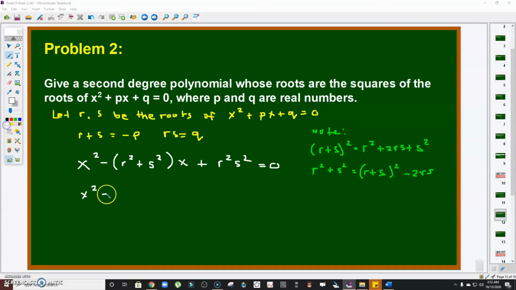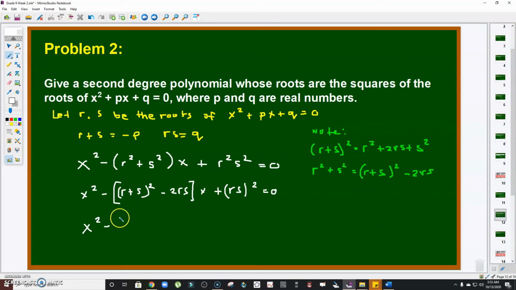Meaning to say, instead of writing r squared plus s squared, I can replace it by r plus s, to be squared, minus 2rs, x plus rs to be squared. Okay, I'll just write it like that. Since r plus s and rs are in terms of p and q, our answer is in terms of p and q.